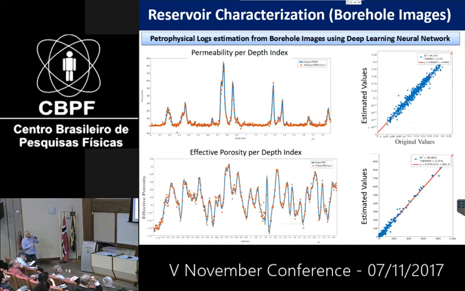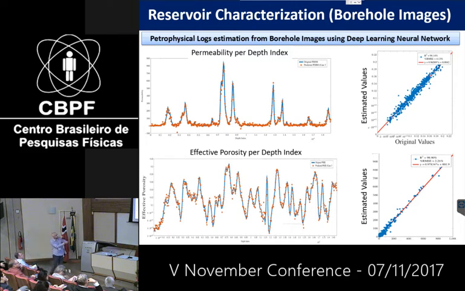After that, you can use this neural network to predict points along the borehole depth. These predicted points are the solid circles shown in the upper part and also in the lower part. As you can see, there is a good correlation between the experimental points and the predicted points.